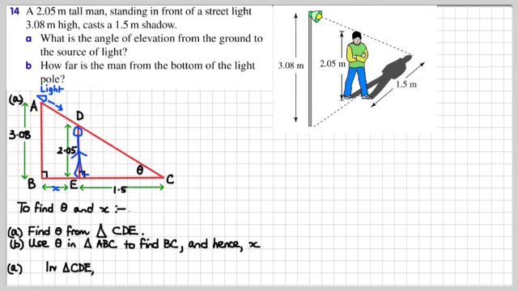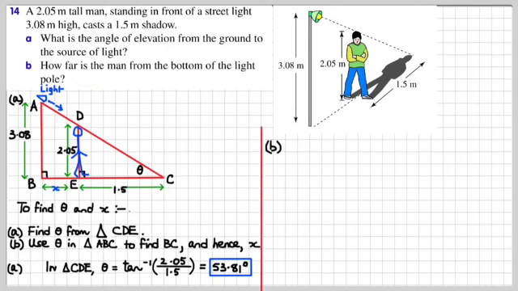Here comes part A. In triangle CDE, I know that theta is the angle whose tangent is 2.05 over 1.5, and therefore that comes to 53.81 degrees to 2 decimal places. I worked that out on my calculator. And in part B, I can say that in triangle ABC, the big one, tan theta equals AB over BC, which is the horizontal length from the pole to where the man's shadow ends.